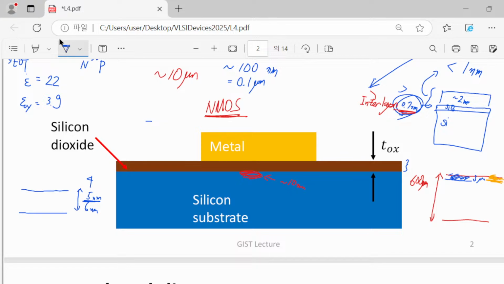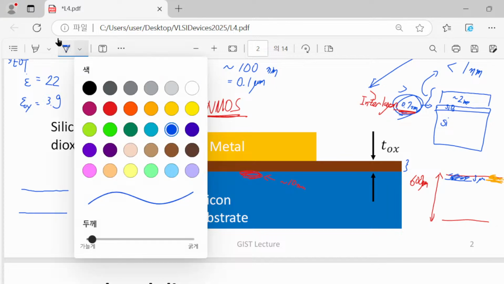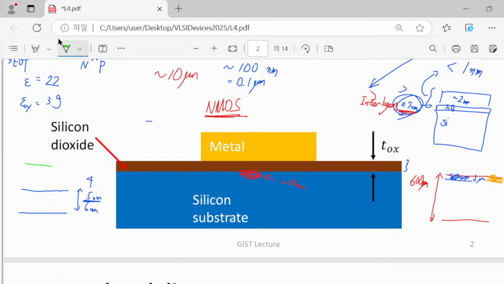And please note that previously I told you the physical thickness of this silicon dioxide is about 5 nanometers. So if we draw it in the scaled version, then in reality we have this form. Yes, this is silicon, and these are insulating layers, and they have comparable thickness.